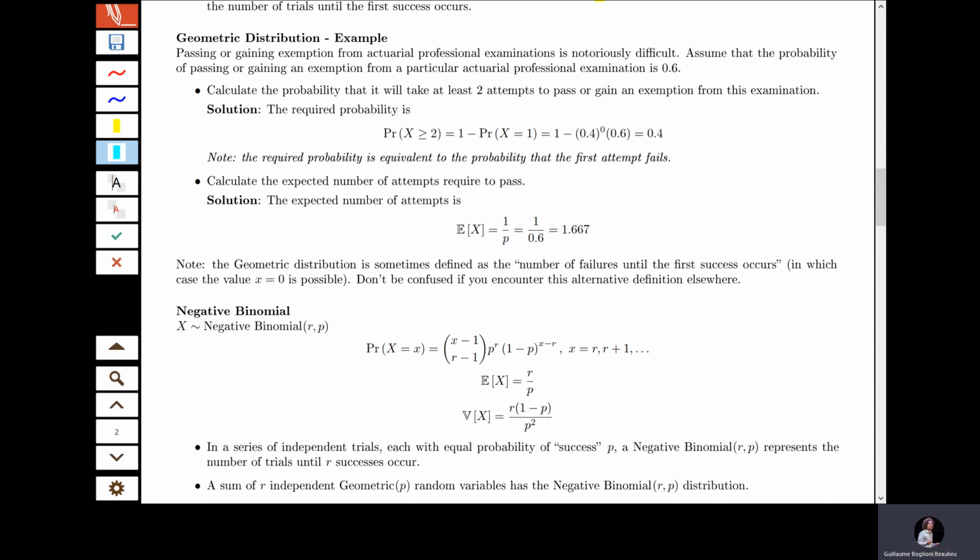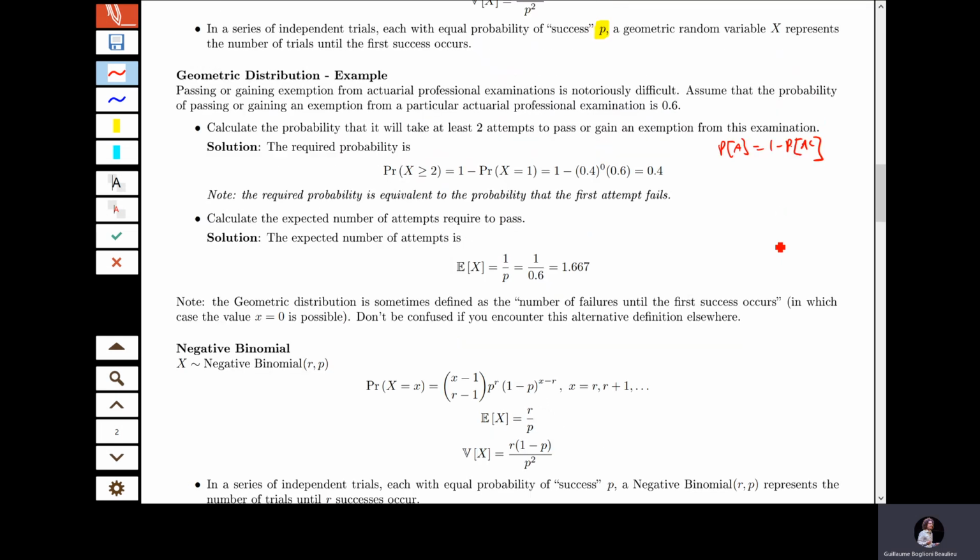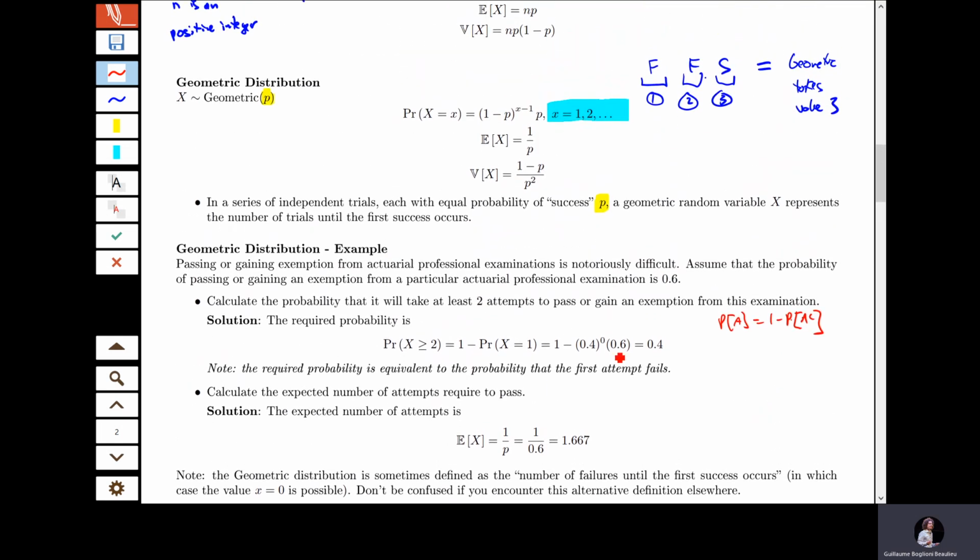So again, similar calculations as before. The probability that I need 2 or more is 1 minus the probability that it takes me exactly 1, again using the trick that the probability of an event is 1 minus the probability of the complement event. And then you plug the formula over there.